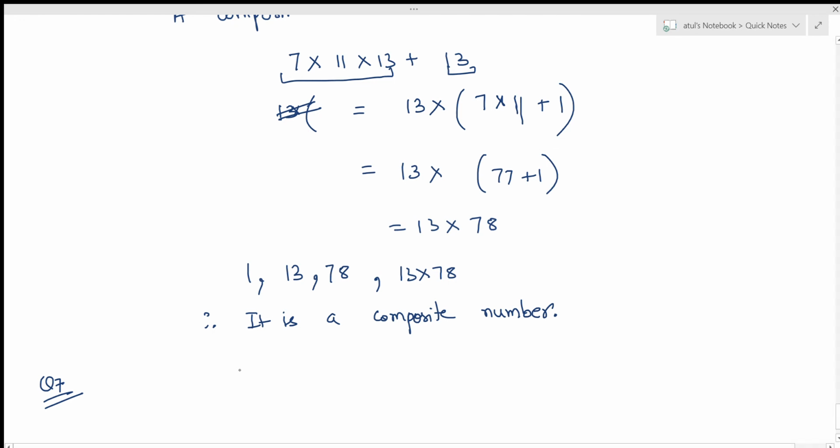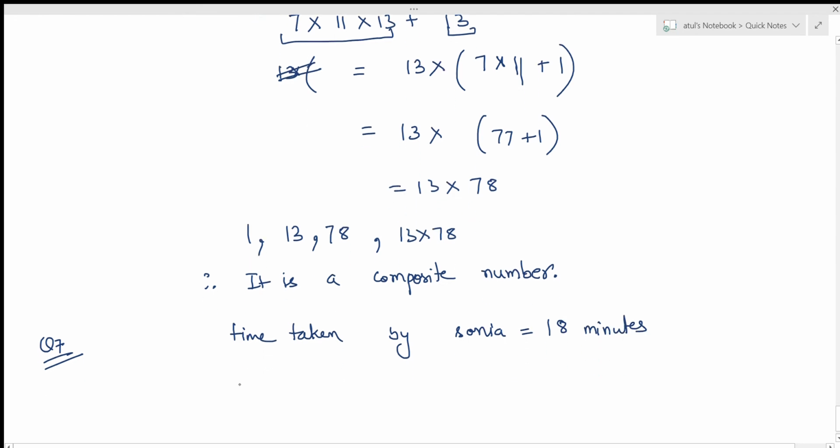Now you see, time taken by Sonia is given as 18 minutes, and time taken by Ravi is 12 minutes.